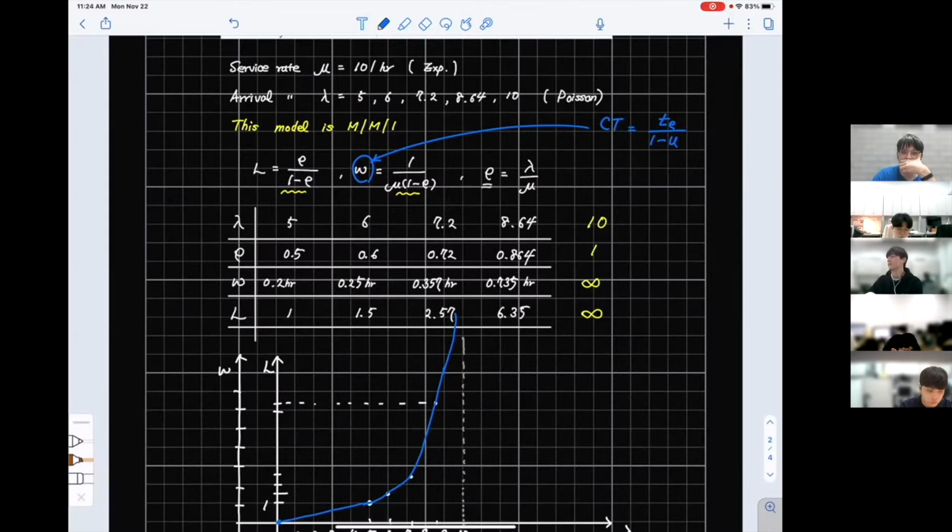I think all of you can remember this. Also, the Q length L can be replaced by WIP, calculated from this formula.